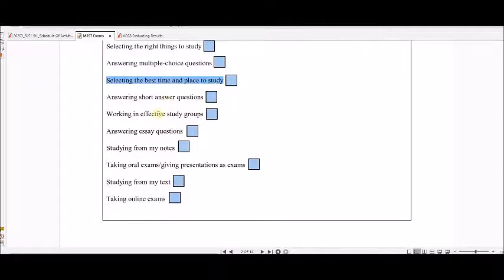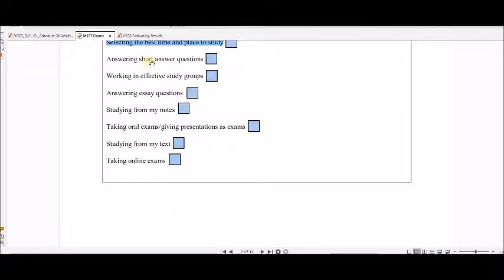A lot of students don't stop to think, am I sitting in a comfortable chair? Do I need to go to the restroom? Am I thirsty? Am I hungry? Am I distracted by something emotional, like with a significant other? These are things you need to think about before you study.